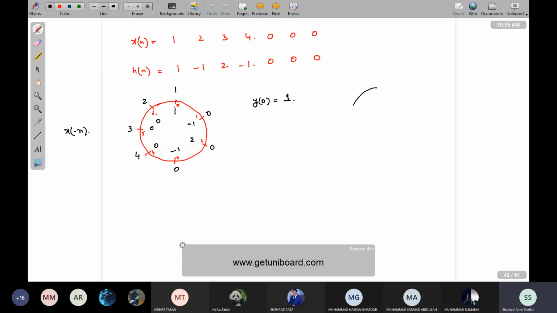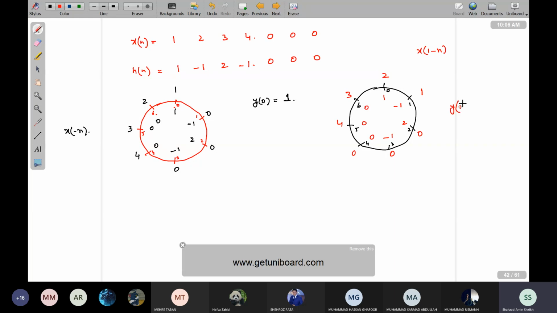Let's see the second sample of our convolution. Again it is 1, 2, 3, 4, 5, 6 and 7. These are my sample values 0, 1, 2, 3, 4, 5 and 6. This time 1, 2, 3, 4, 0, 0, 0 is my x of minus n, in red, and this is 1, minus 1, 2, minus 1, 0, 0, 0.